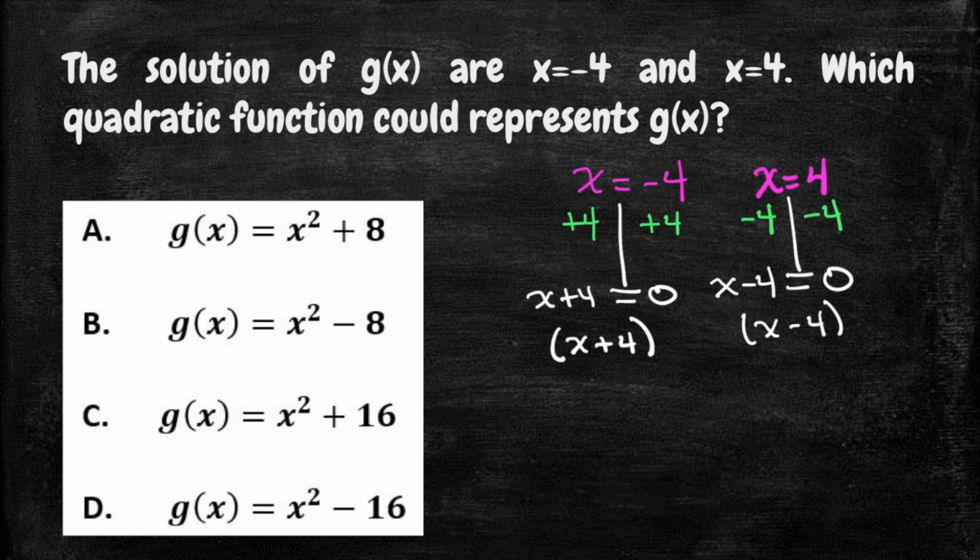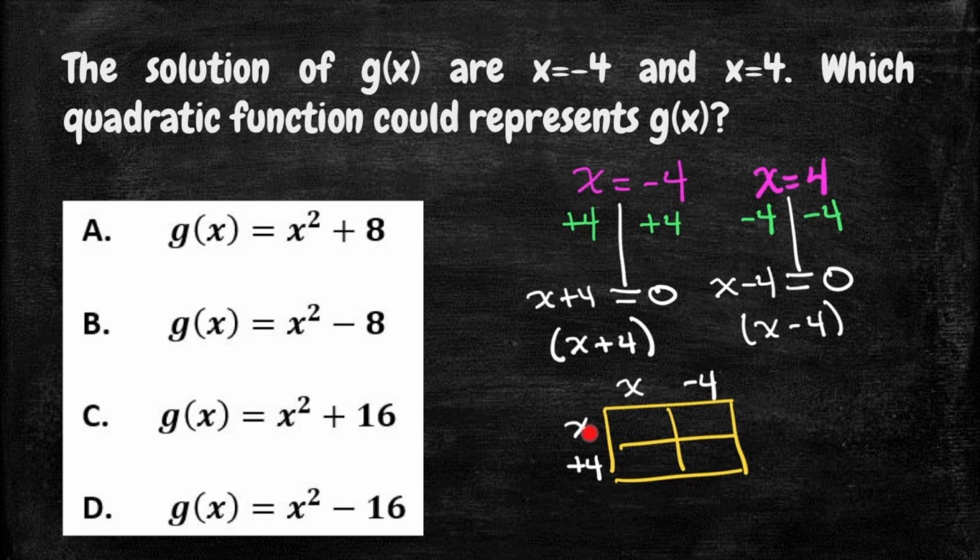So all I have to do now is draw my box to then put in my factors. My first factor is x plus 4, and my second one is x minus 4.